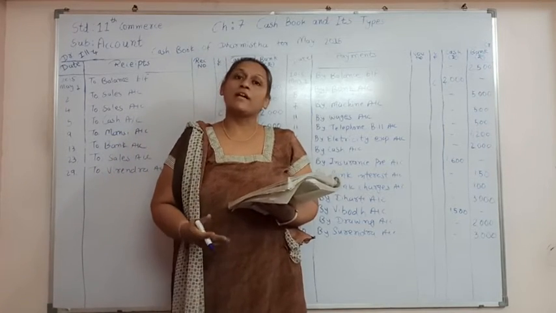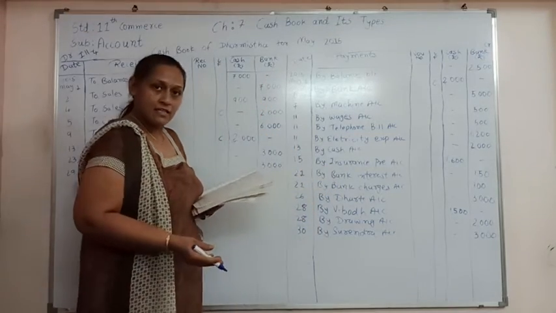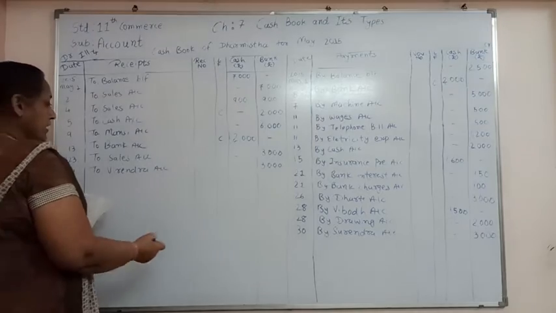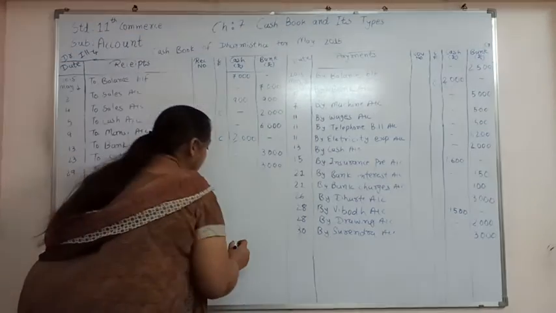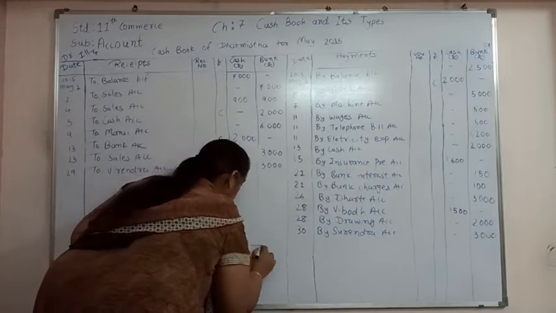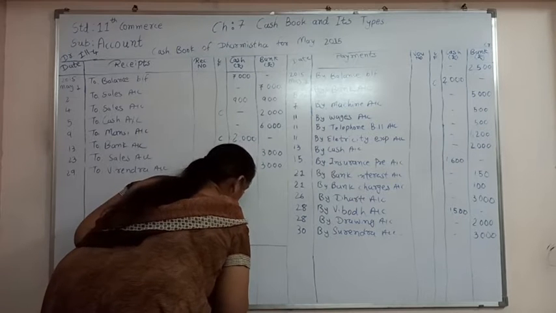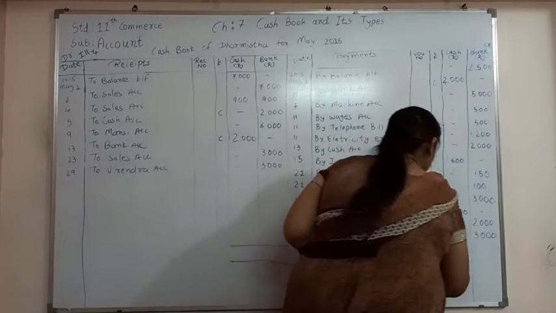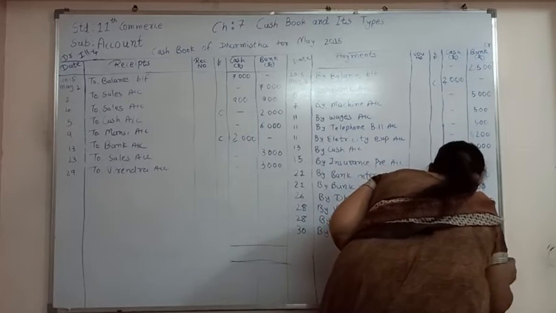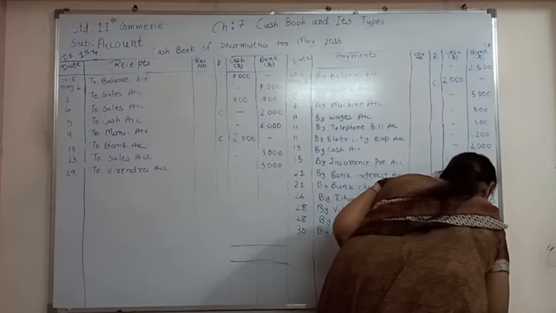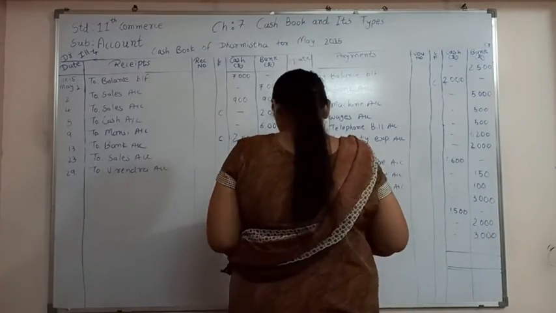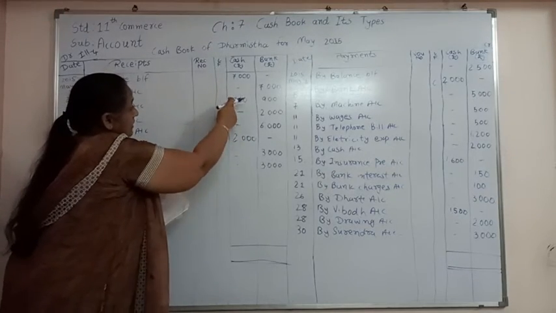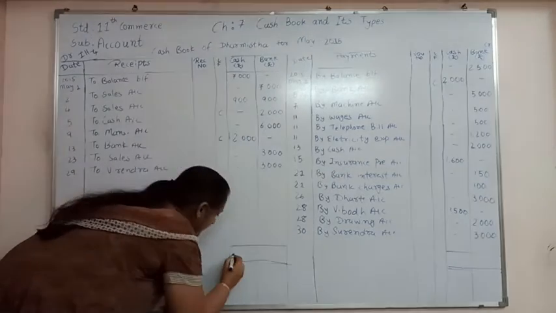Now let's find out the balance of the cash book. Let's see the total of the cash on the debit side. As we know, the total of this will be 7 plus 2, 9900.